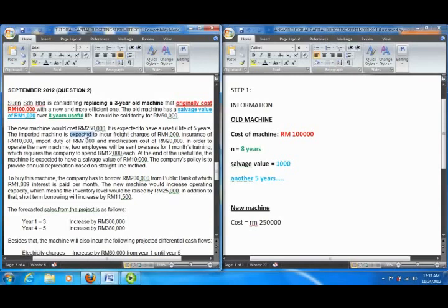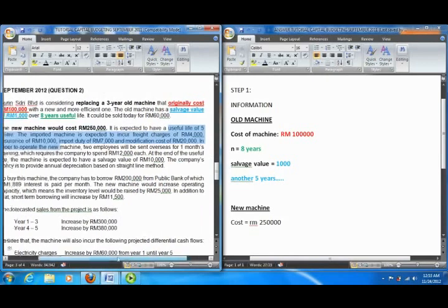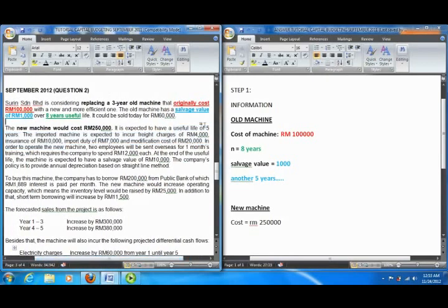Next, the useful life of the machine, class, as you can see in the question, is 5 years.